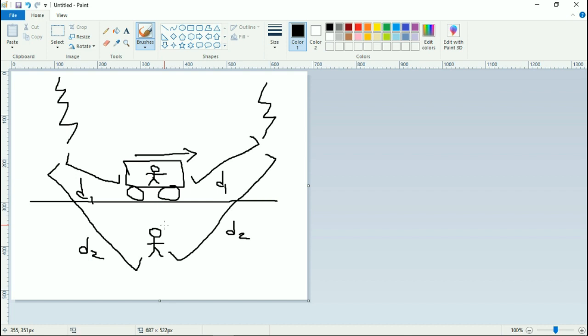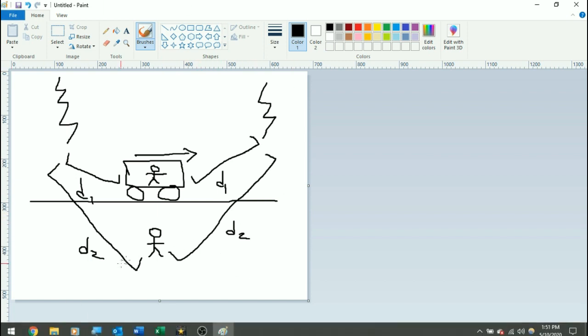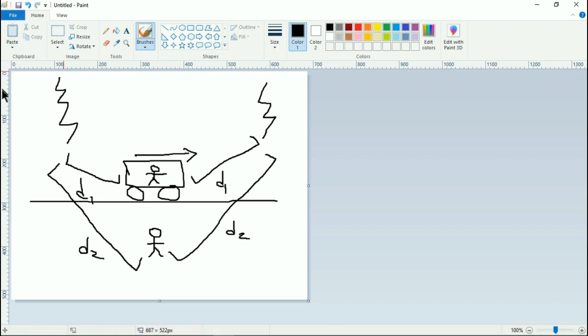So let's think about this. If these both are the same distance, and this guy here is staring out and sees these two lightning bolts hit at the exact same time.